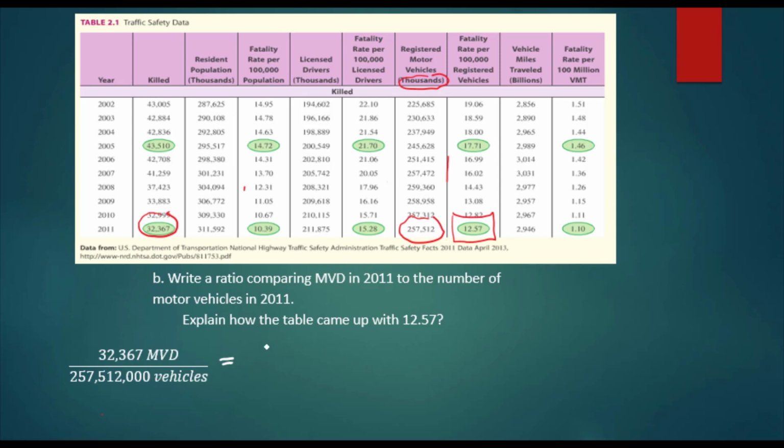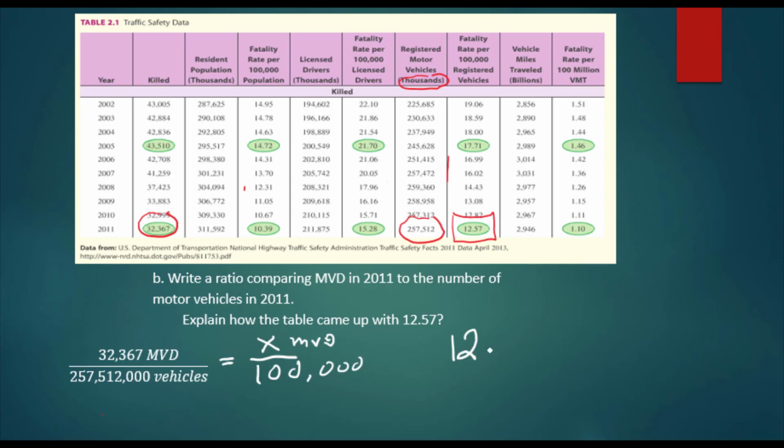And I want a new ratio, so I'm going to form a proportion here to find out how many motor vehicle deaths there were per 100,000 motor vehicles.